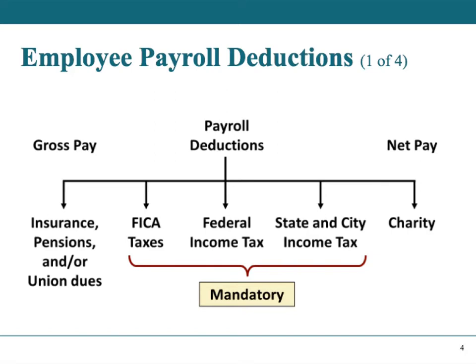So let's see what's mandatory. One of them is FICA taxes. We'll discuss FICA in the next screen. It has 2 pieces, and basically it funds 2 big funds for the government and for us ultimately. Then you have federal income tax. We all pay income taxes, right?